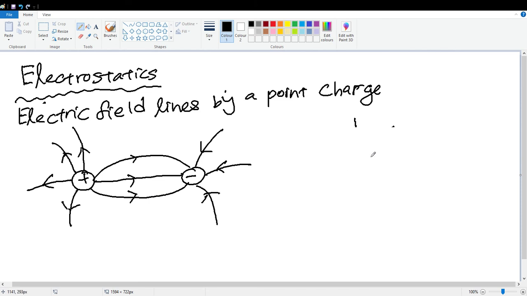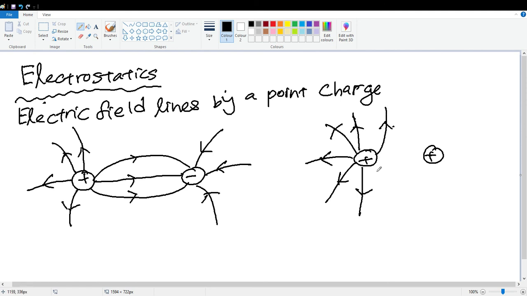As for similar charges, which are positive, we know that the electric field lines for a positive charge point outwards. This is positive, and this is positive, and the lines point outwards, outwards, and outwards. Since both of them are repulsive, the electric field lines will not interact with each other.